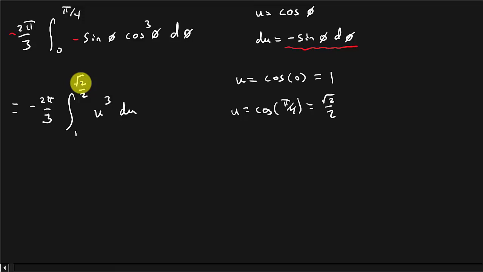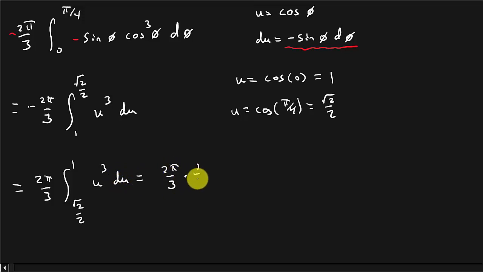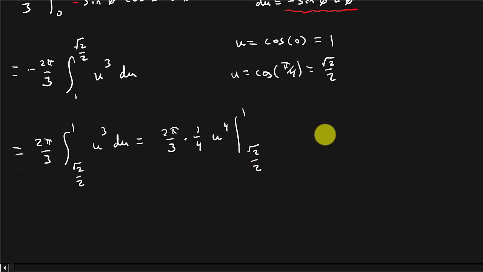We can actually switch those, and that'll change this to a positive. So that's 2 pi over 3 from square root of 2 over 2 to 1 of u cubed du. We get 2 pi over 3 times 1/4 u to the 4th from square root of 2 over 2 to 1. Once you do all that, I'm not going to show all the work, but you get pi over 8. And that's your answer.